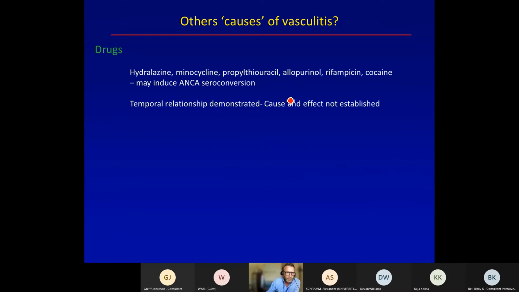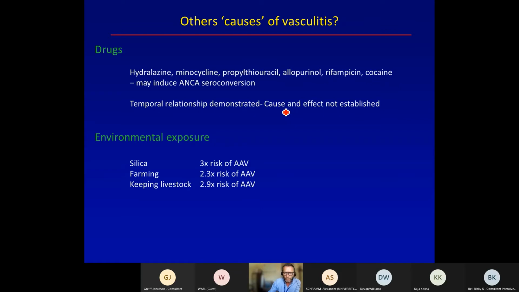Drugs have been associated with it, so hydralazine, minocycline, and all the others I've listed there have been temporally associated with ANCA seroconversion. As I said, the temporal relationship has been demonstrated, but cause and effect hasn't been established. But it might be that drugs have a role in priming ANCA production and therefore might be causative in some patients.